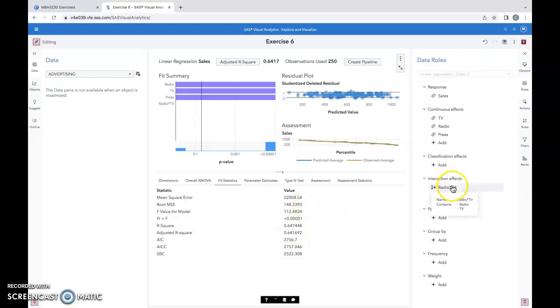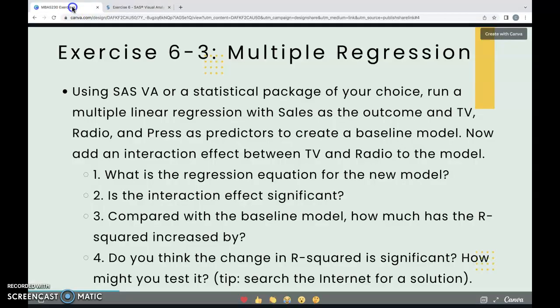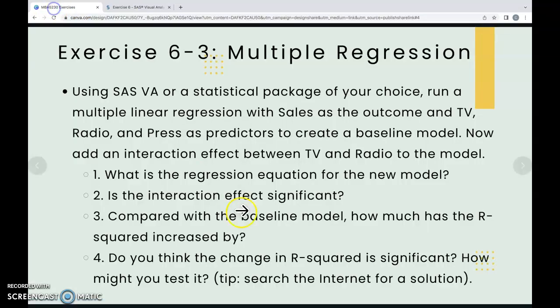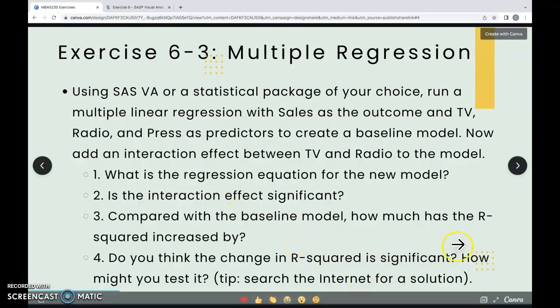So as we can see, the interaction effect does have some type of effect on the model, but in all, we can see that the R square with the interaction effect is not significant. Thank you.